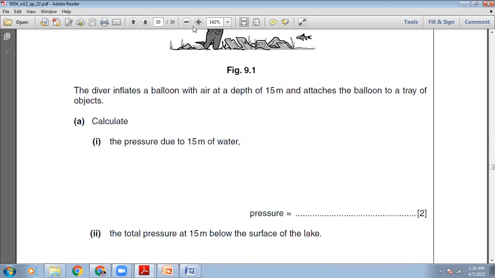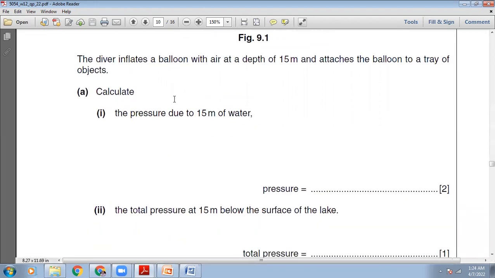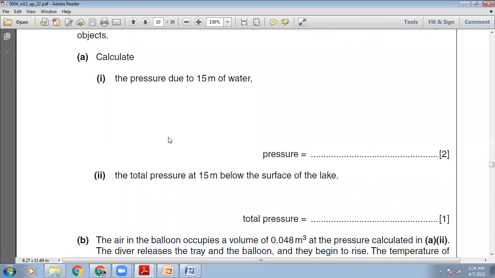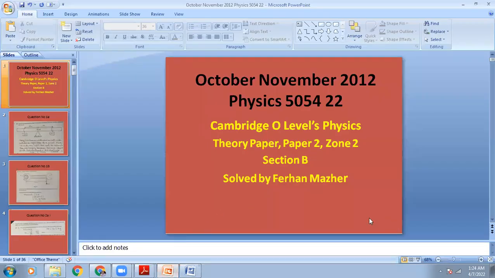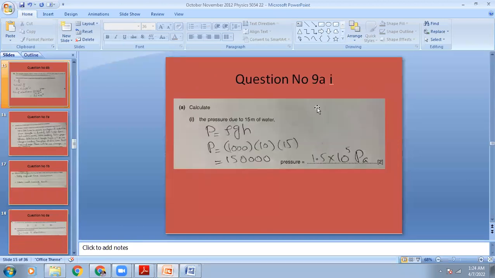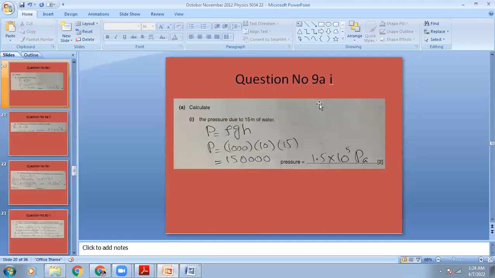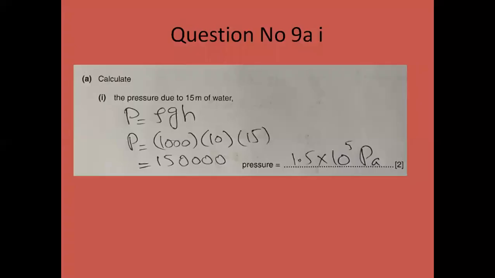You can find the pressure due to the water at 15 meter depth. The formula is very simple. Pressure is rho g h, and you can find that very easily. So the pressure is equal to rho g h.